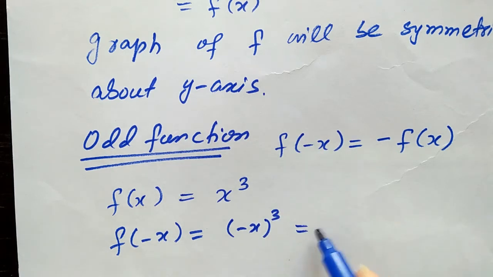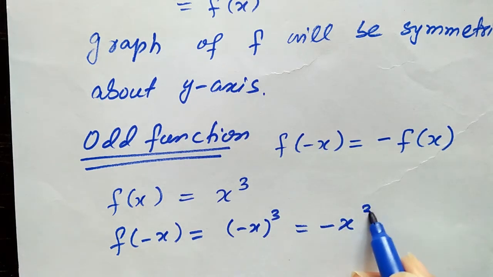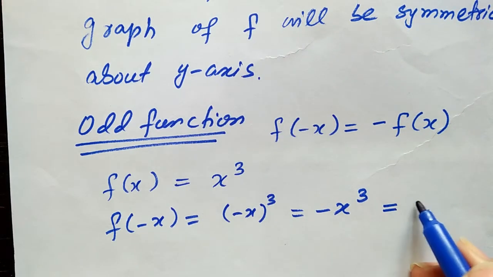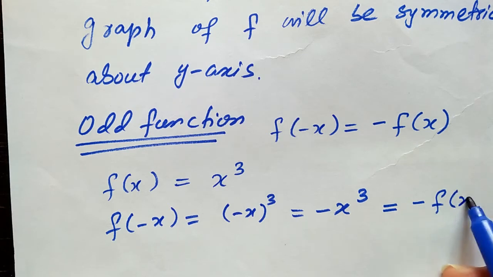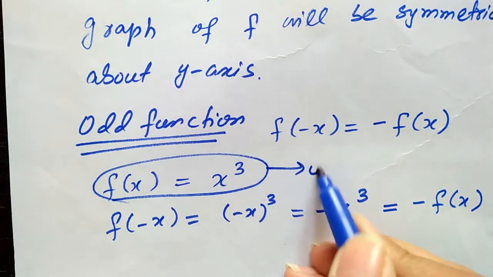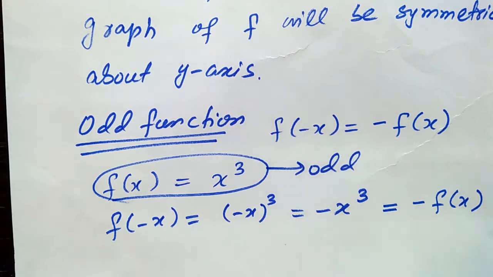This will be equal to minus of x cube. Now you see f of minus x is equal to minus of f of x. So this function is an odd function.